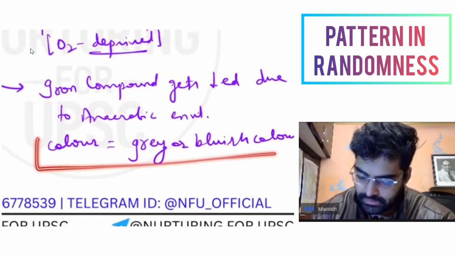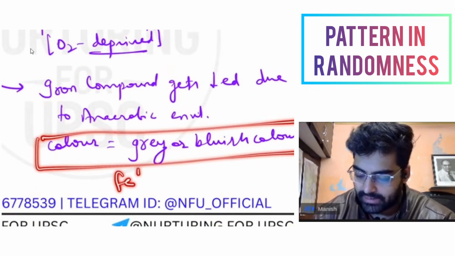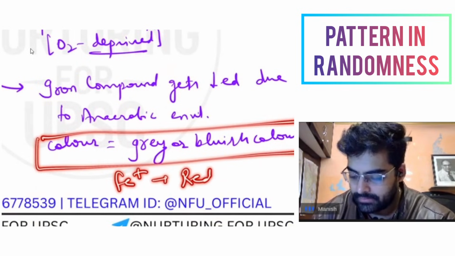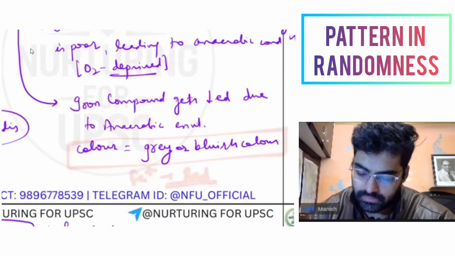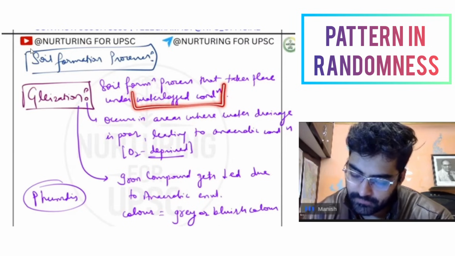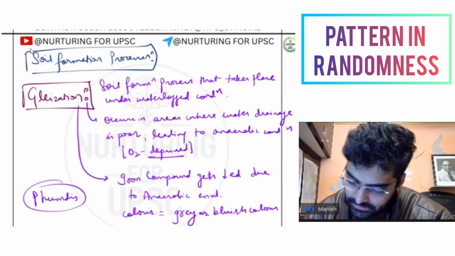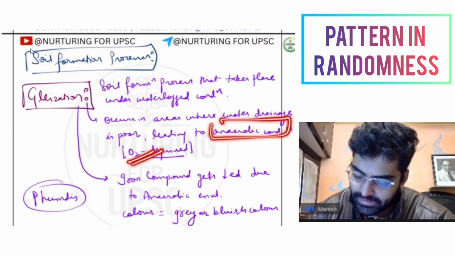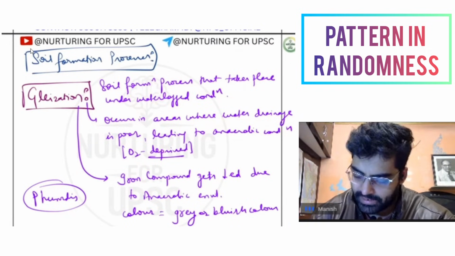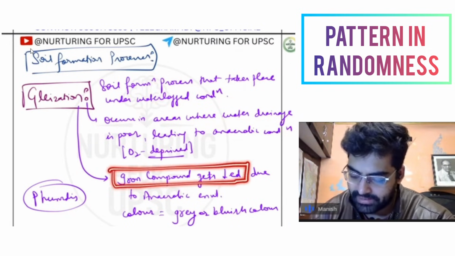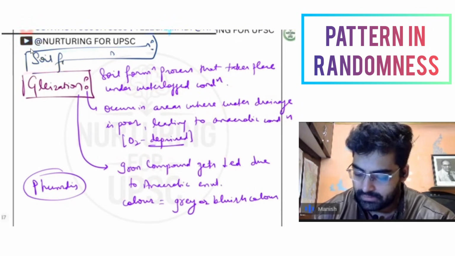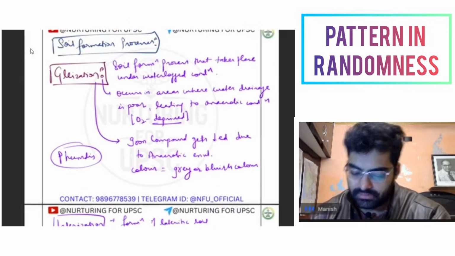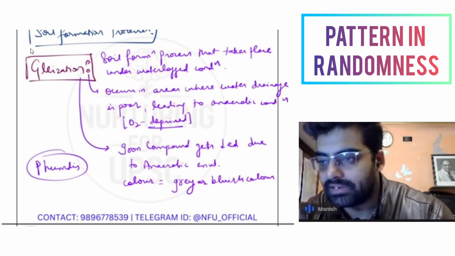If you remember, iron's color is red. So due to waterlogging, we have anaerobic conditions, oxygen gets deprived, iron compounds get depleted, and the color becomes gray and bluish. So in glaciation, iron content decreases.